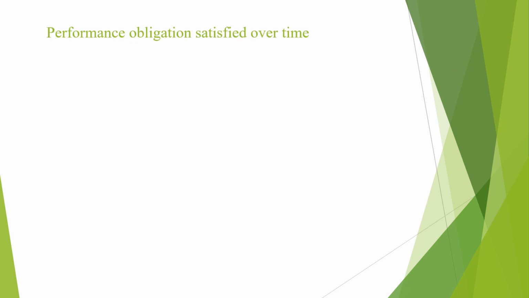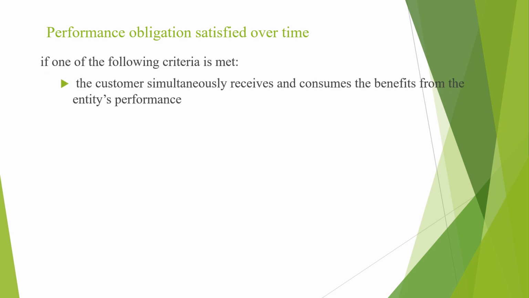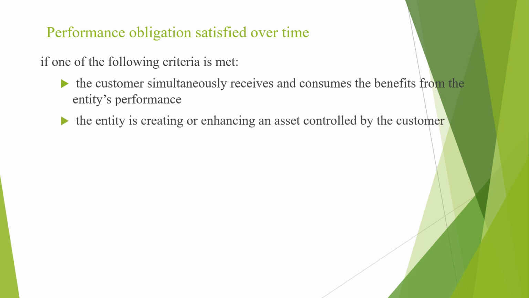Now, performance obligation is satisfied over a period of time if one of the criteria is met. Now, these are the criteria. The customer is simultaneously receiving and consuming the benefits from the entity's performance. Take the example of the network. The seller is giving the network and the consumer is receiving the benefits of that, using the network.